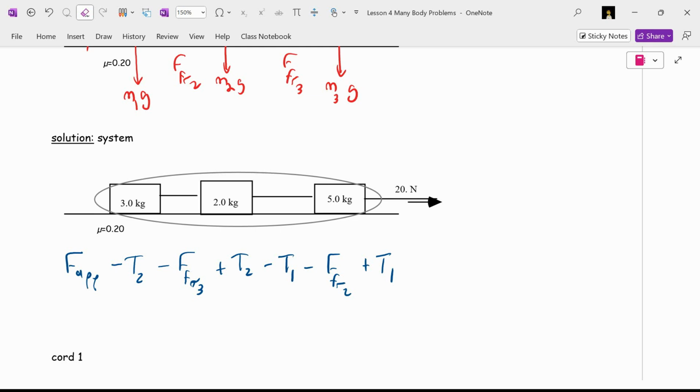Help me out if I'm missing any. I'm going from memory. Oh, what's the last one I got to include? Friction 1, loser, minus. Have I reached the end of the rope? And again, notice M1G, M2G, M3G, not in my equation. I'm writing an equation for the rope. What's that going to equal? M all A, where M all is M1 plus M2 plus M3. But that's less writing, so I'll go with that.